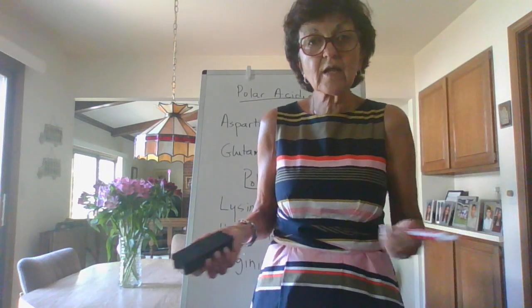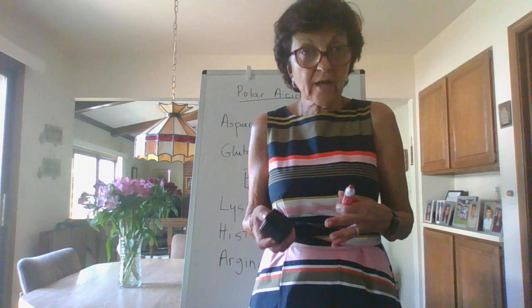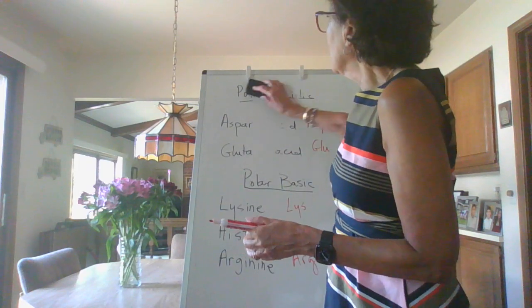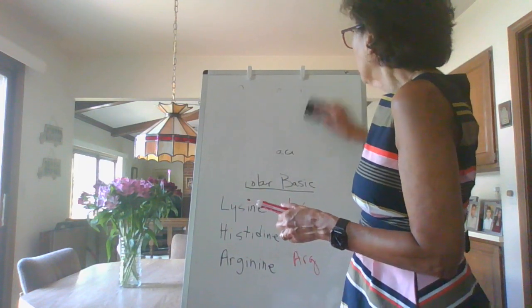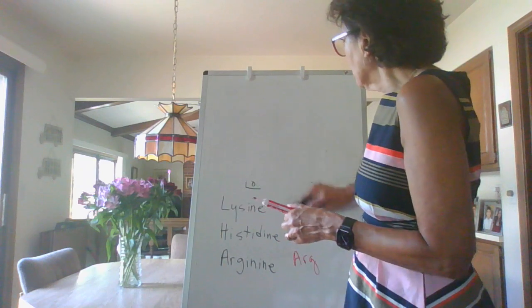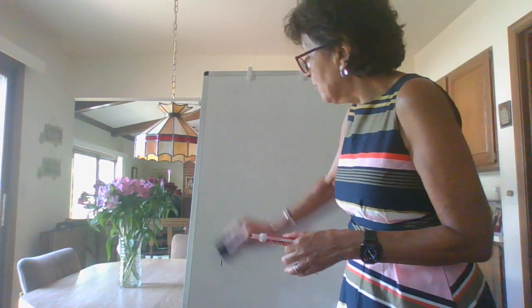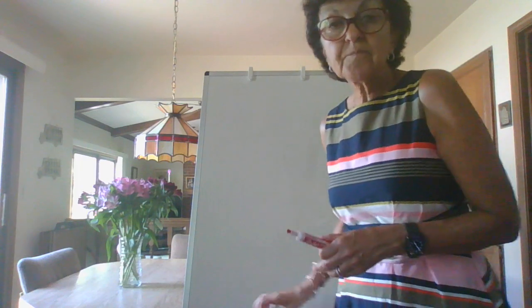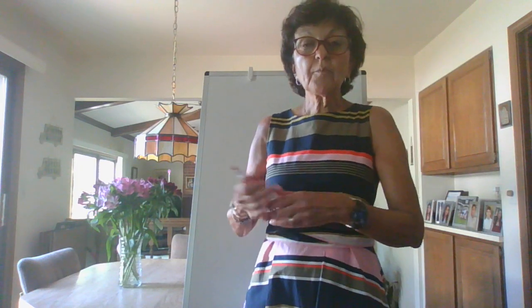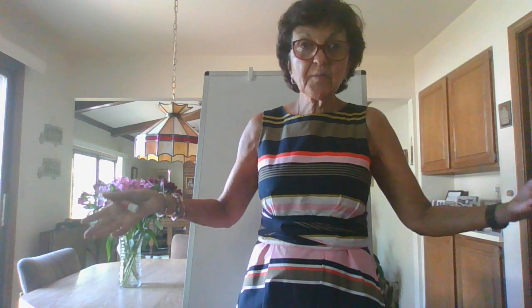Okay, so now we're ready to put some amino acids together to create a peptide bond. And what is a peptide bond? It is the bond that bonds the amino acids together so that you can make a peptide, a polypeptide, a dipeptide.